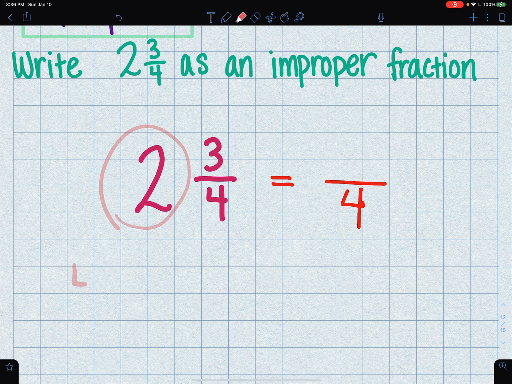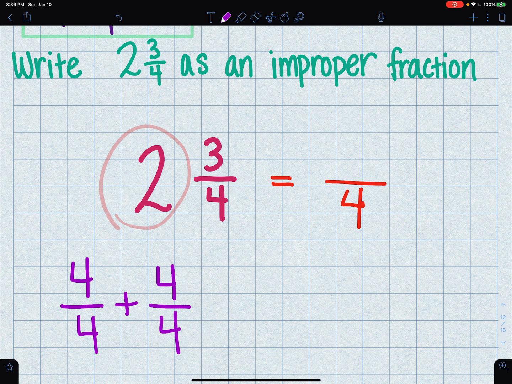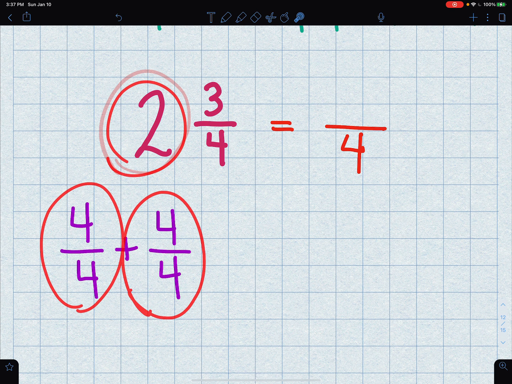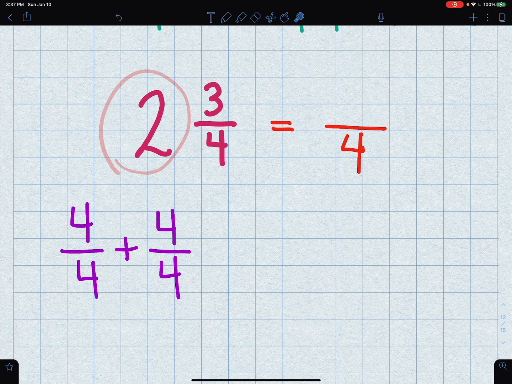Well, it's going to be 4/4 plus 4/4. We're changing it into fourths, just like slicing the pie, okay? So now this whole number is going to be 1 plus 1 makes 2. Now, we can't forget about the fraction part, so it's going to be 3/4 here.